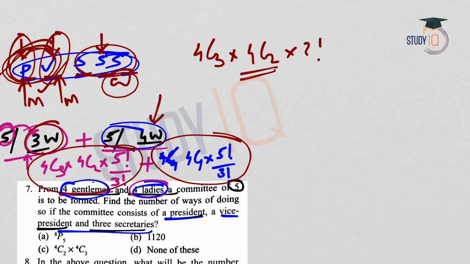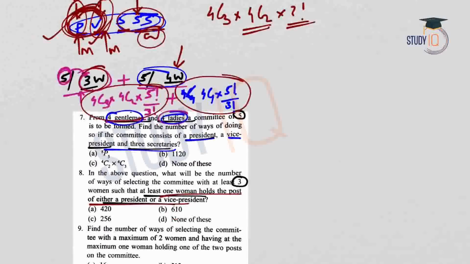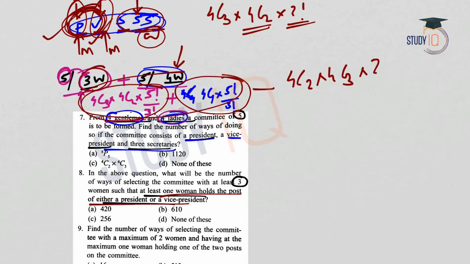That is what you need to subtract. So if you subtract 4C2 into 4C3 into 2 factorial, you will get your required answer.